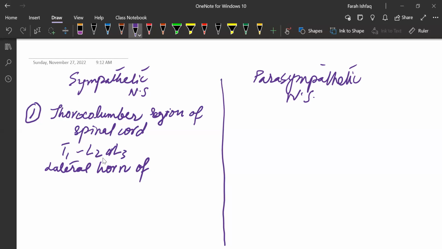In the parasympathetic nervous system, the outflow is from the craniosacral region.